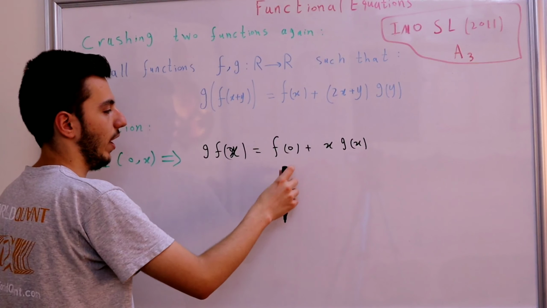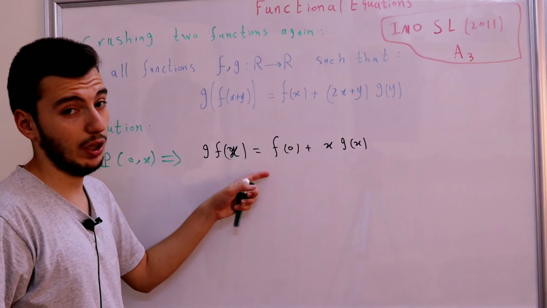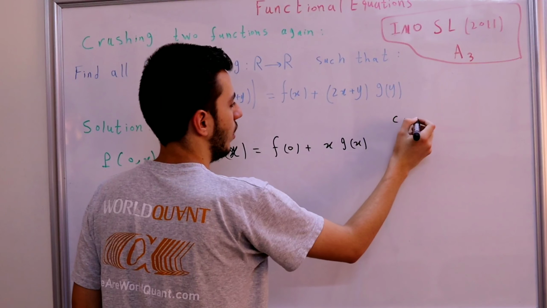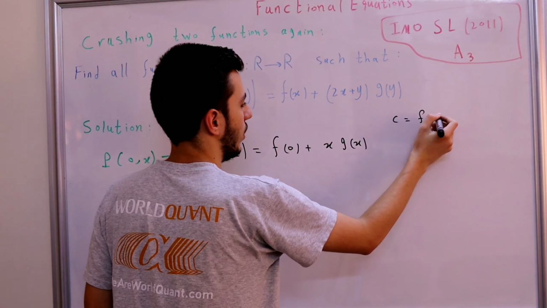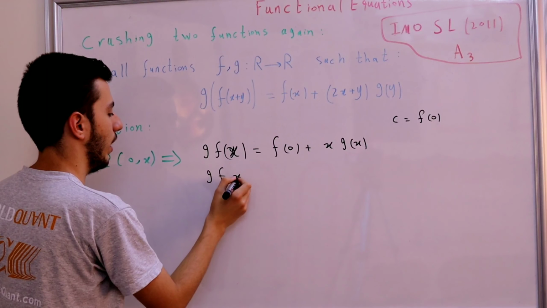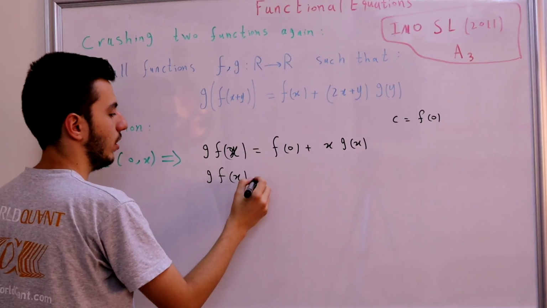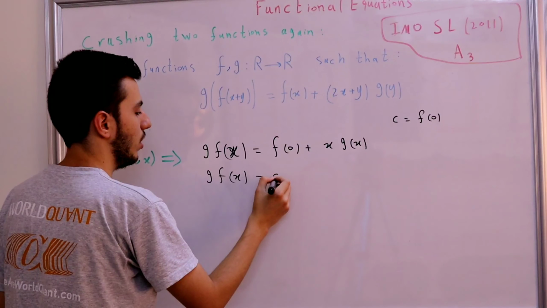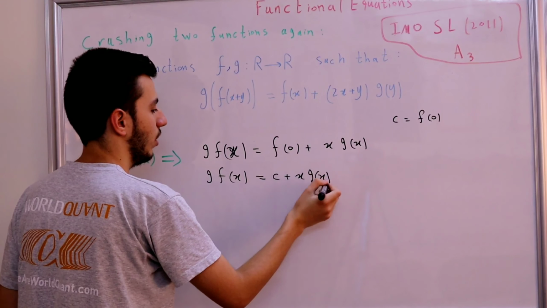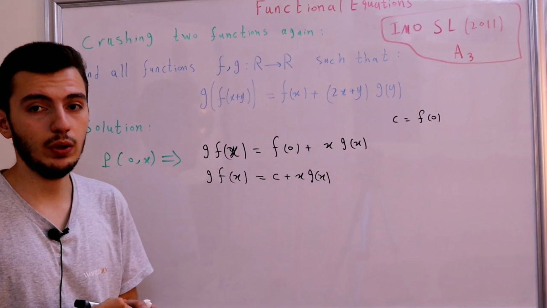Great, so we have this relation now. Let's assume that c is equal to f of 0. So now we can write this as g of f of x is equal to simply c plus x times g of x. Great, so this is the first relation that we have.